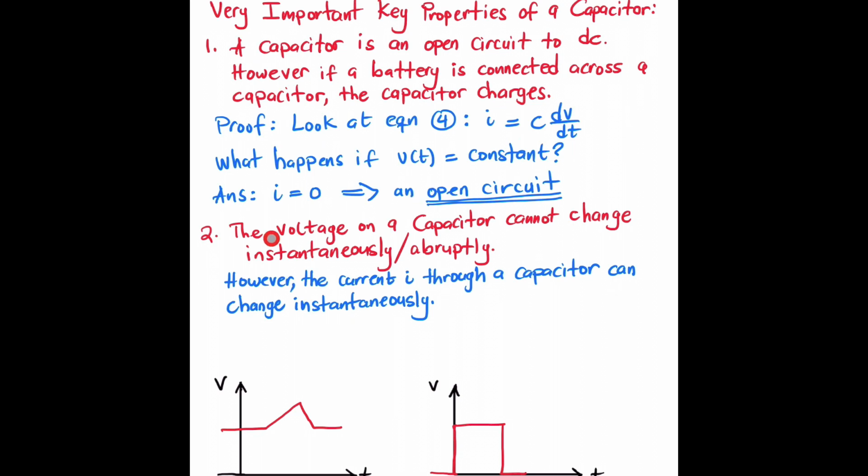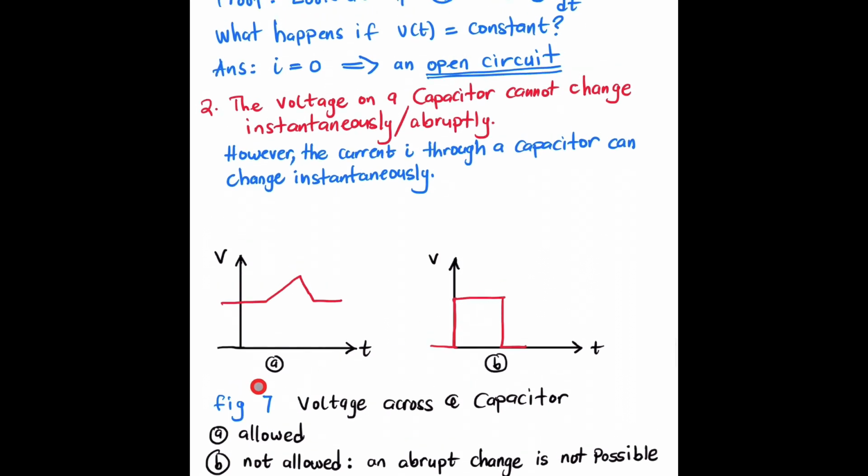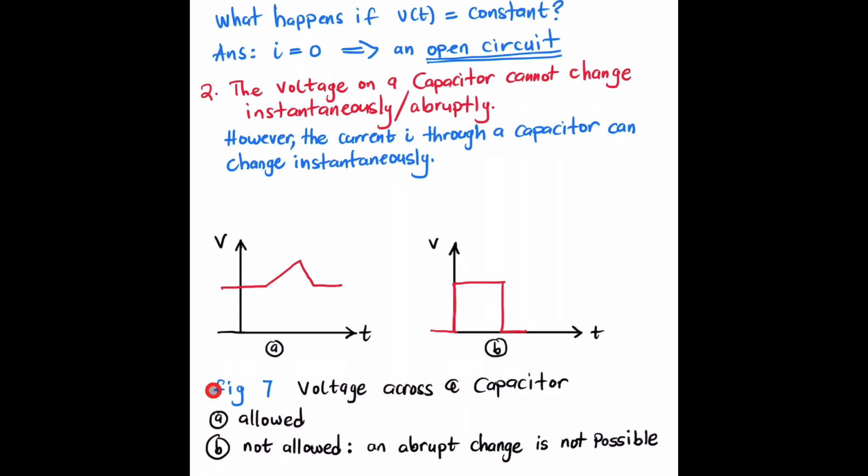Number 2, the voltage on a capacitor cannot change instantaneously or abruptly. It cannot change. However, the current through a capacitor can change instantaneously. So we look at figure 7, voltage across a capacitor.